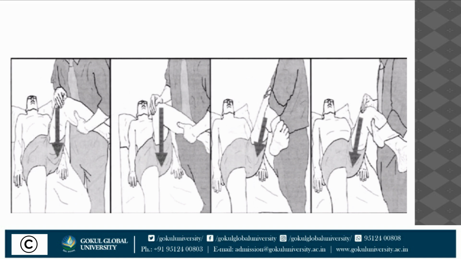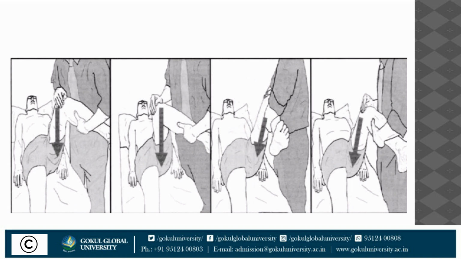The examiner then applies a downward force along the shaft of the femur while passively adducting and externally rotating the hip. As we can see in figure 1, the examiner is applying a downward force. In figure 2, the therapist is applying a downward force and passively adducting and externally rotating the hip.